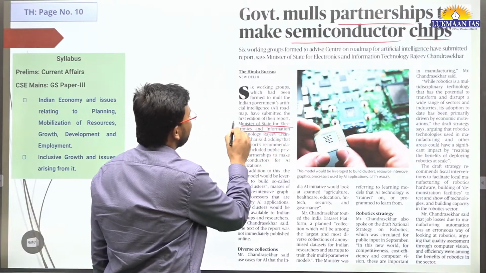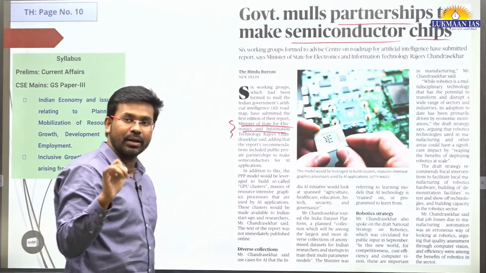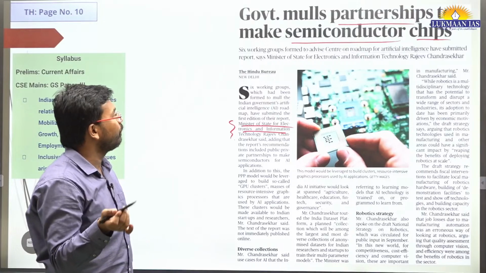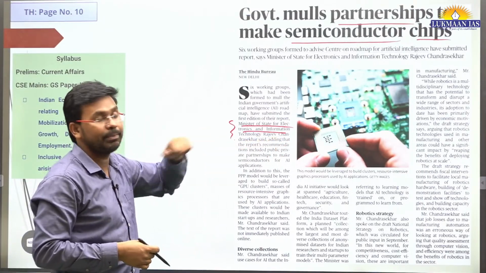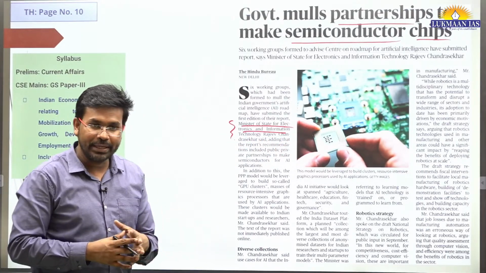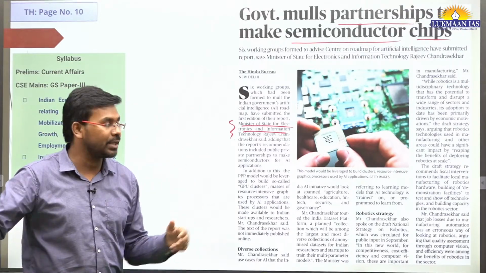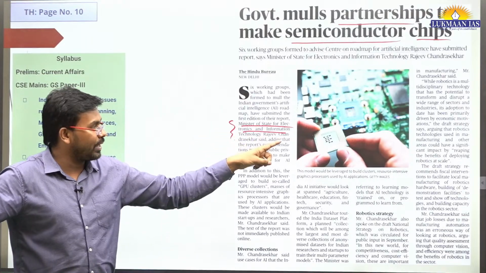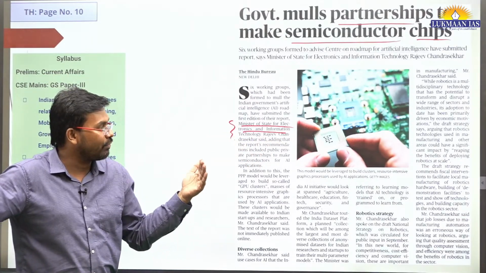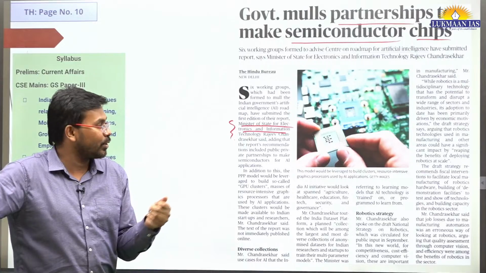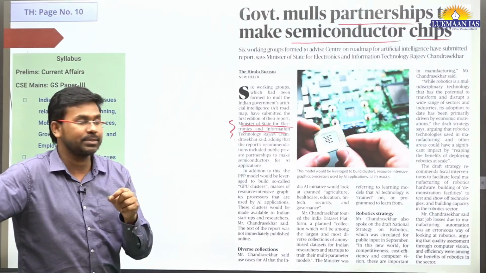The Government of India now wants to come into partnership with private entities for manufacturing. The Prime Minister in Gujarat has launched a campaign promoting the idea of manufacturing semiconductor chips in India.